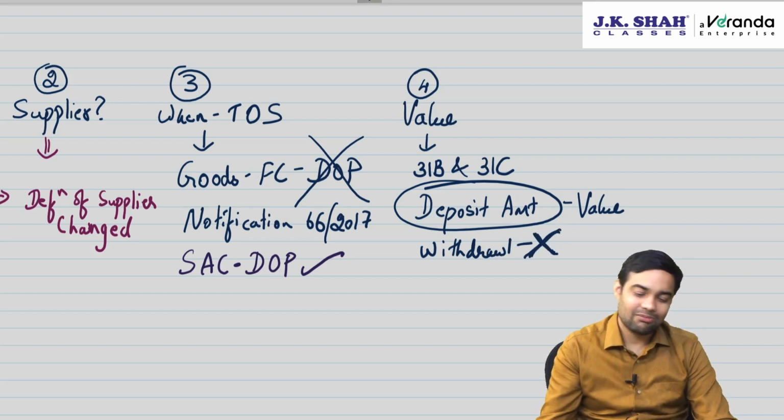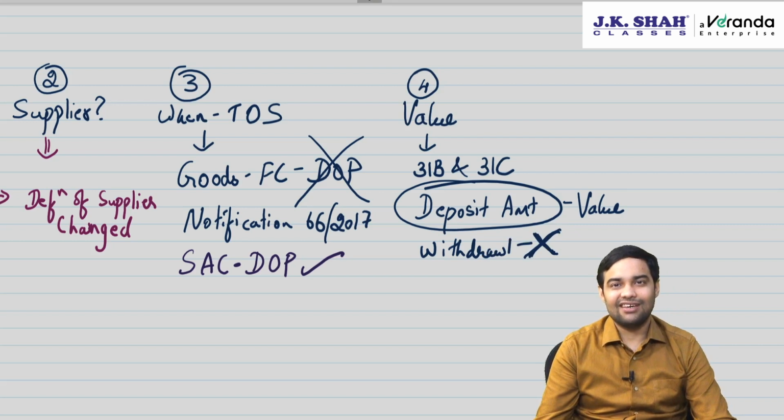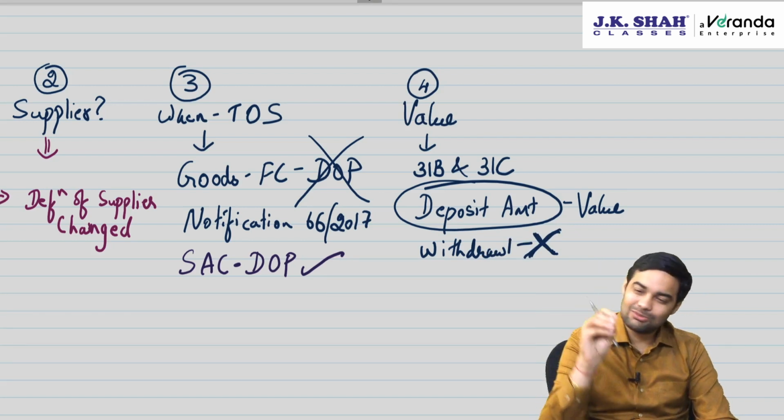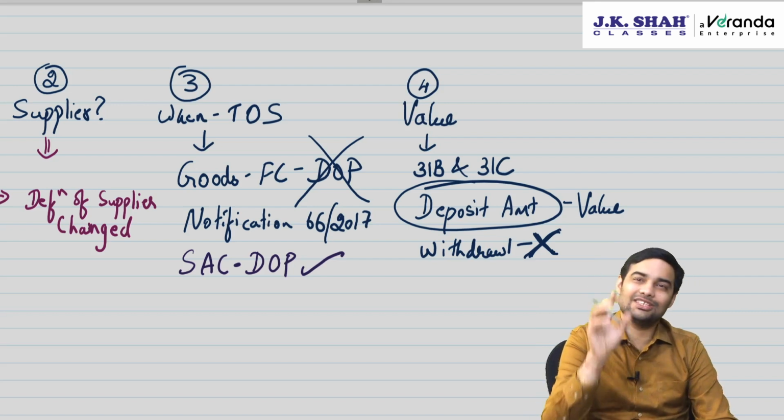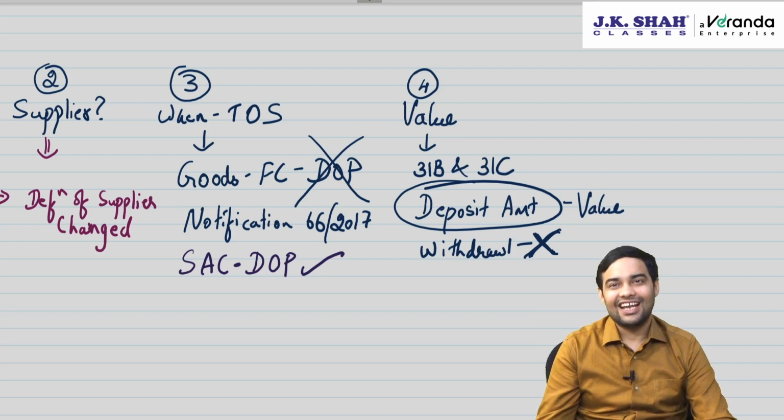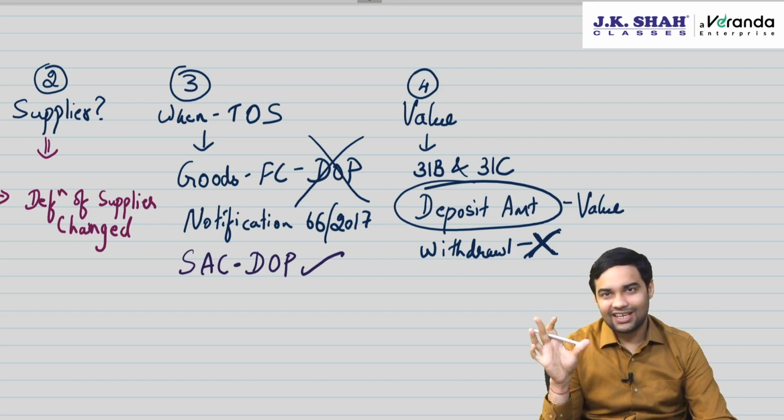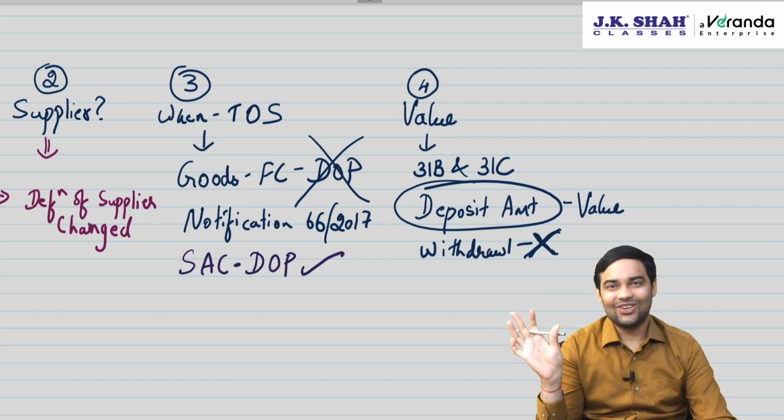So deposit amount is deemed to be the value, and you will not get any deduction for withdrawal. So say suppose a person deposits, that deposit amount will be considered liable to GST, and say suppose he withdraws without playing a game, that will not be eligible for a deduction.